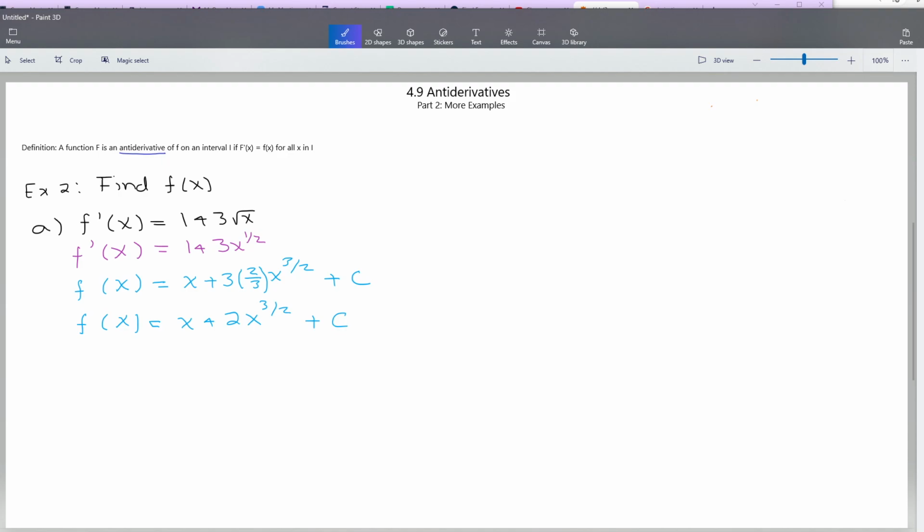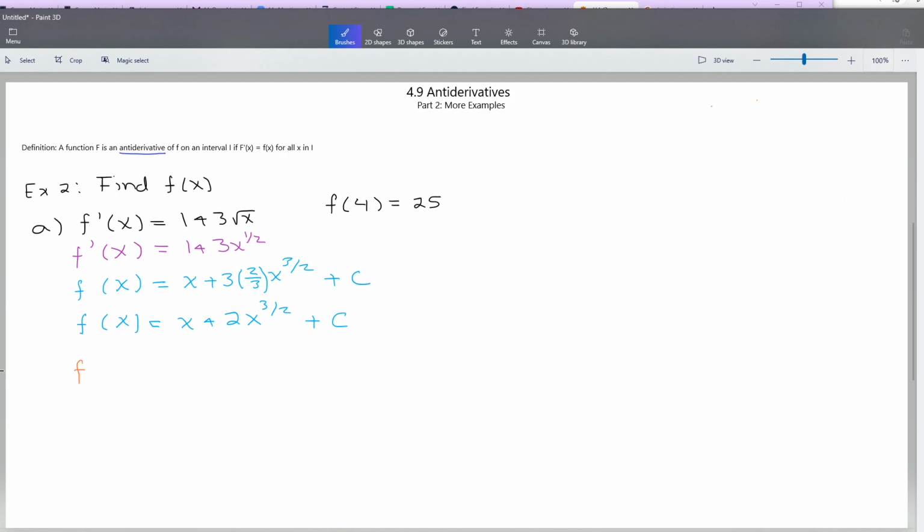Now, in general, with this information, that is all I could do. But if the problem gives you some other information, which this one does, it says f of 4 equals 25, now we are ready to use that information.